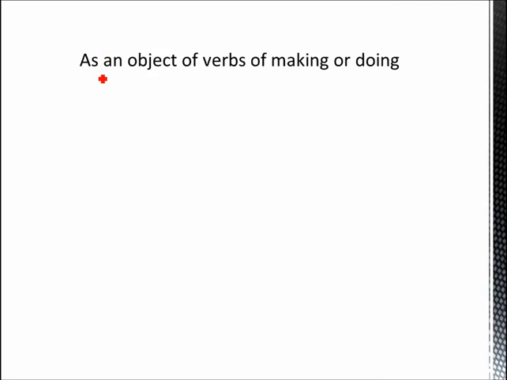First, let's take a look at examples of this ut clause, this noun clause, working as the object of a verb of making or doing. So we're going to have a separate subject, and then the ut clause is going to be the object. So, facio ut hoc intelligas. I make sure, and here's our ut clause. Here's what it is that I'm making sure.